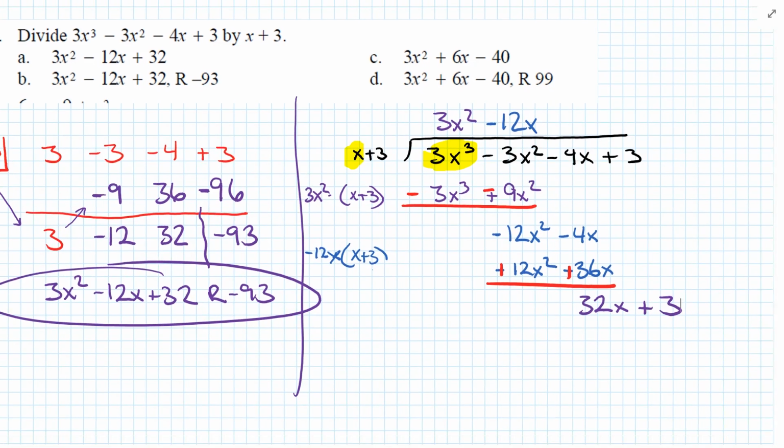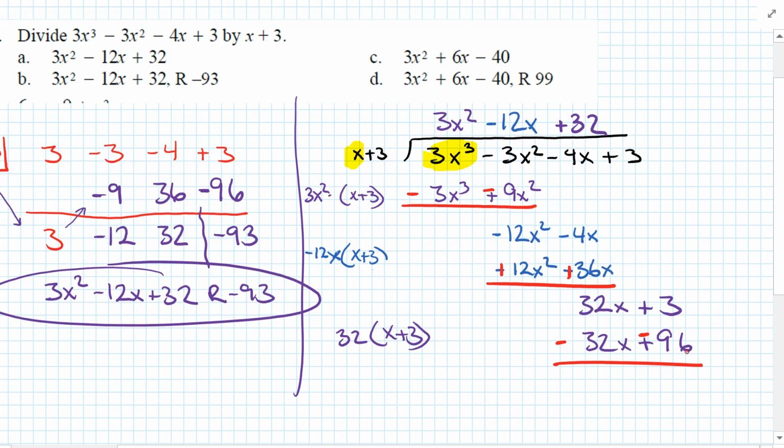What do I need to multiply x by to make it 32x? Well, I need to multiply it by positive 32. So when I multiply 32 times x plus 3, I get 32x plus 96. Again, I'm going to subtract them. First term 0, and I get negative 93.